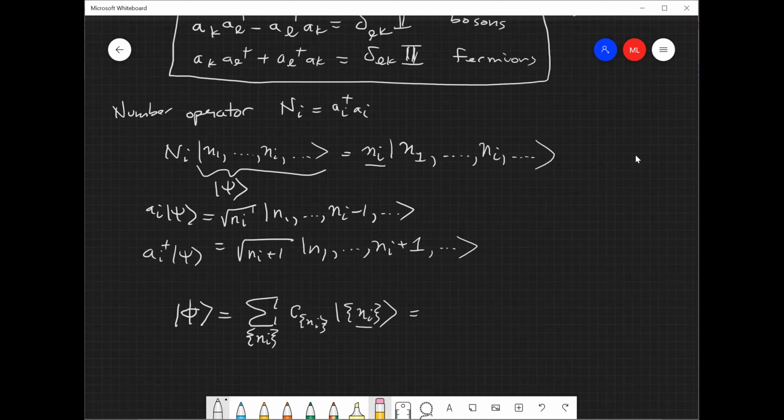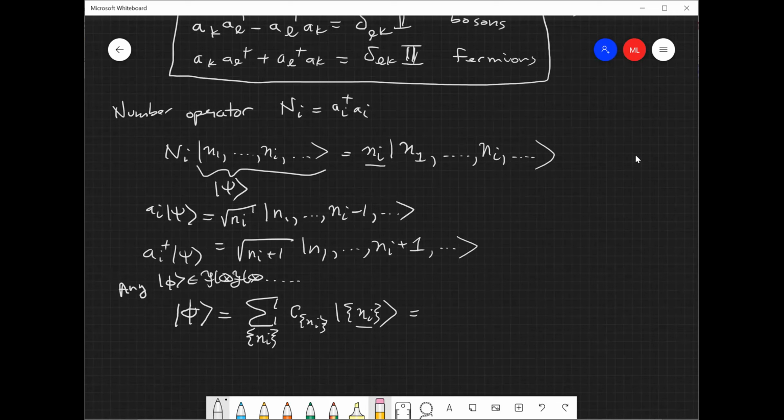It's the general state. So any phi that's in our big Hilbert space, which remember is an infinite tensor product of Hilbert spaces, or actually, just whatever n is, the number of particles.